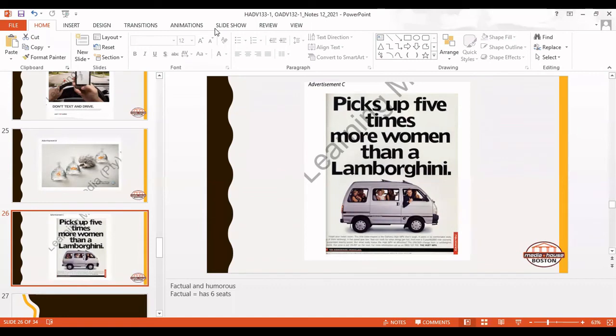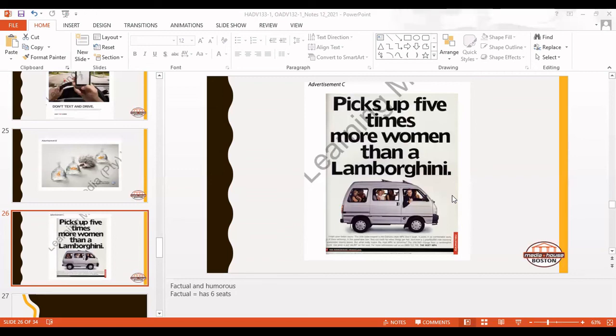The comparison between a taxi and a Lamborghini, it's humorous. There's also a hidden message there, and then the features of having more space than the Lamborghini.